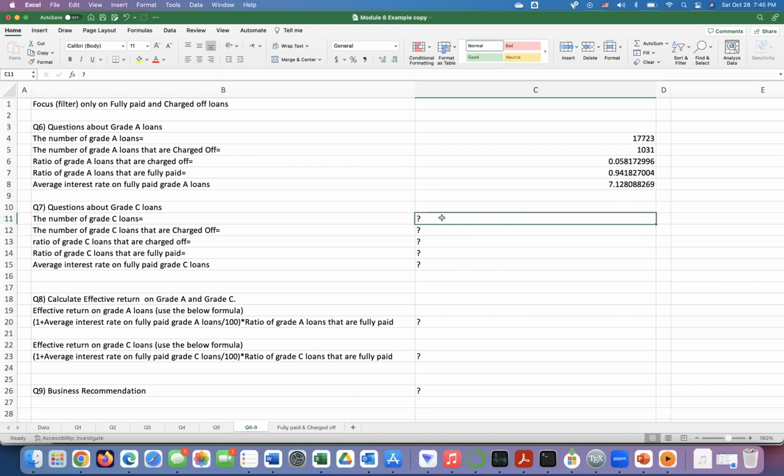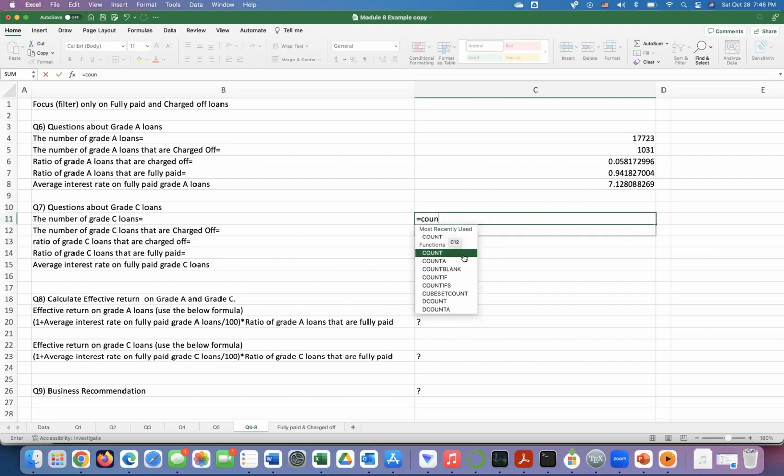Question about grade C loans. The number of grade C loans. So again, I'm going to just type equals COUNTIFS, and then I go to fully paid and charged off.